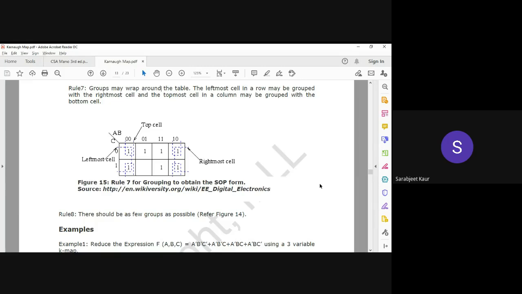You can visualize a Karnaugh map as a circular thing. So if you're drawing it on a paper, then you can fold it to join the two ends. That way you will realize that this column is actually adjacent to this column. Yes or no? Yes, ma'am.